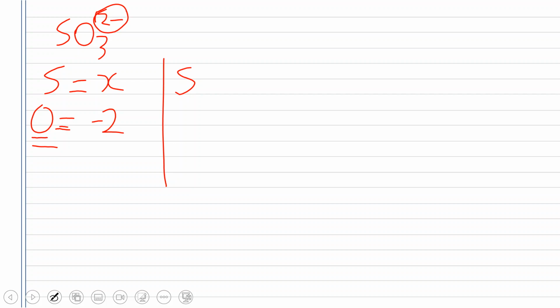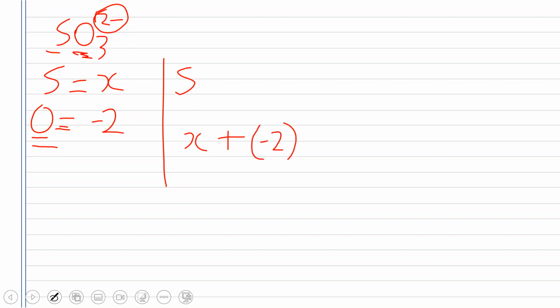So we're going to take the sum of each element's oxidation number and equate it to the charge. We don't know S's oxidation number, so let's write X because we said we're going to represent it by X. Plus, we're writing the sum of each of them. What's the oxidation number for oxygen? We said it's -2. So put -2 in a bracket.